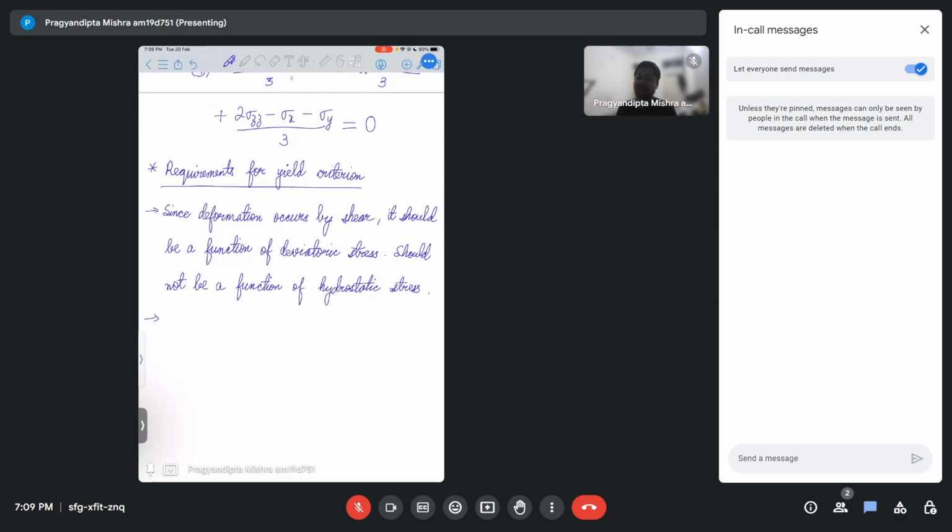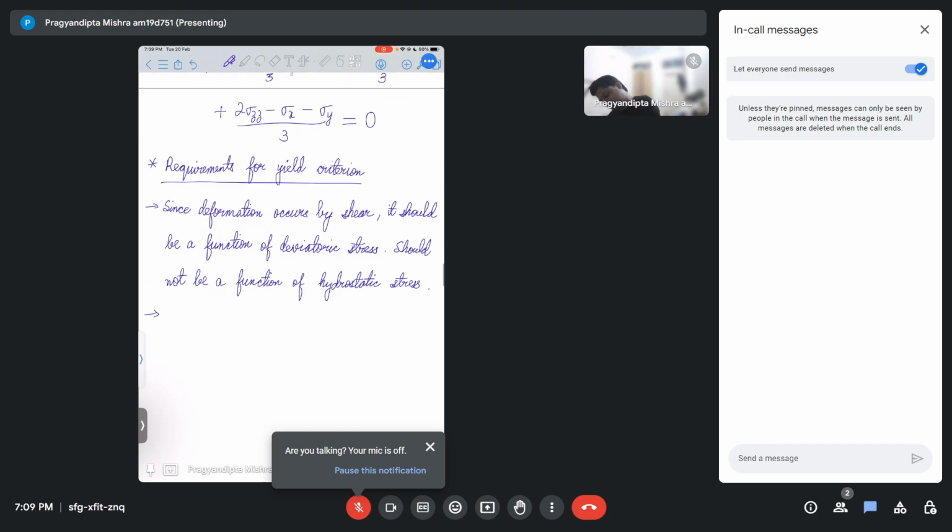Okay. Another important thing that you have to keep in mind is that it should not depend on the choice of axis. So yield criteria should be axis independent.